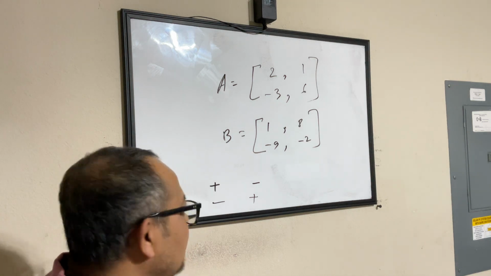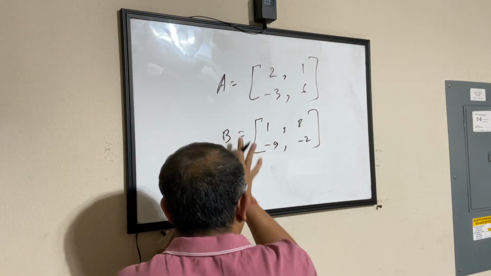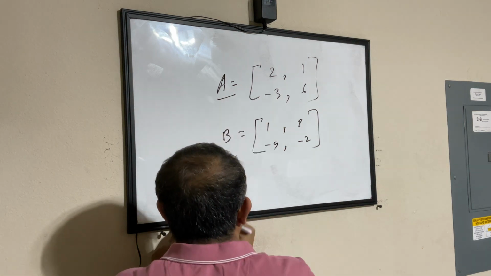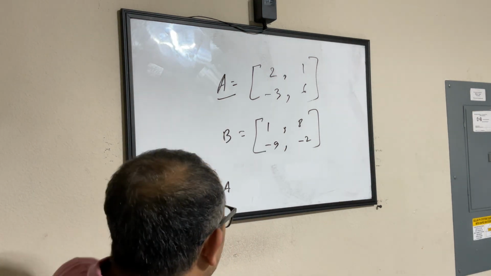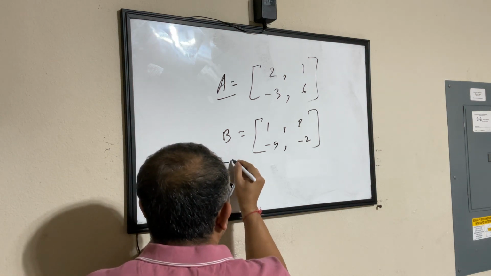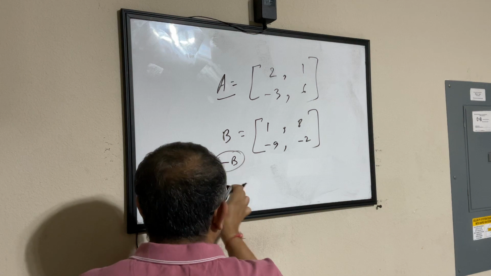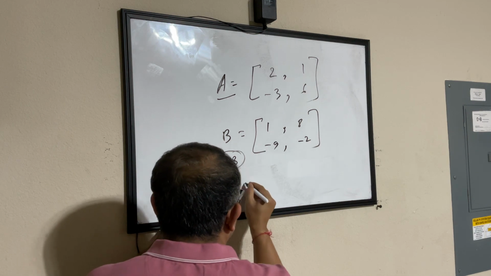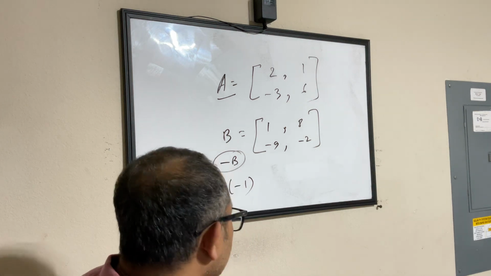We'll use that understanding for finding out the opposite of a matrix. So if I have A, the opposite of that will be minus A. If I have B, the opposite of that will be minus B. And what that essentially means is, I am multiplying A by minus 1, or minus 1 times A, whatever you call it.